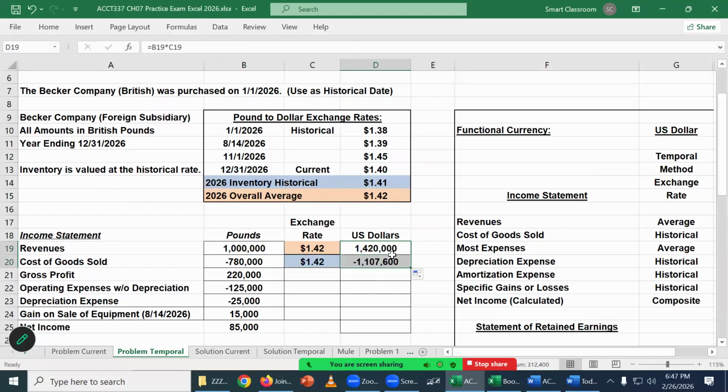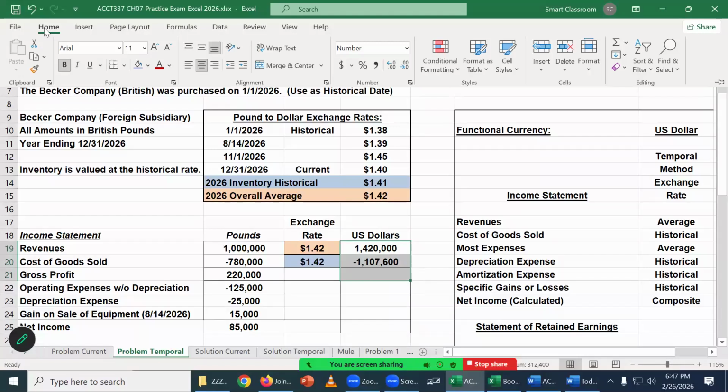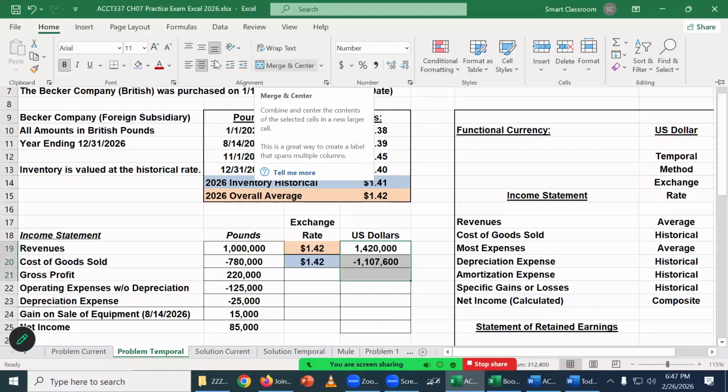And because the inventory will be bought at different periods during the year, that's why it could be different from the average. It could be almost the same as the average if it's a very continuous operation.